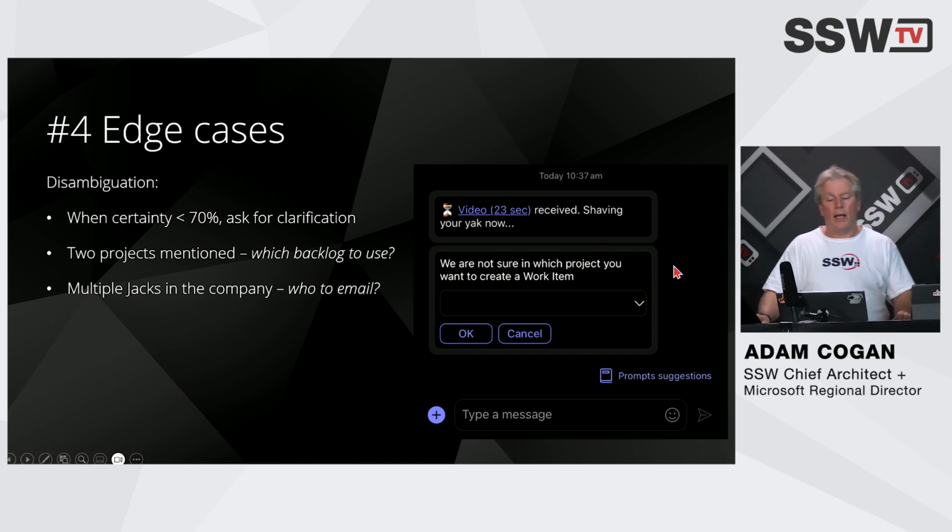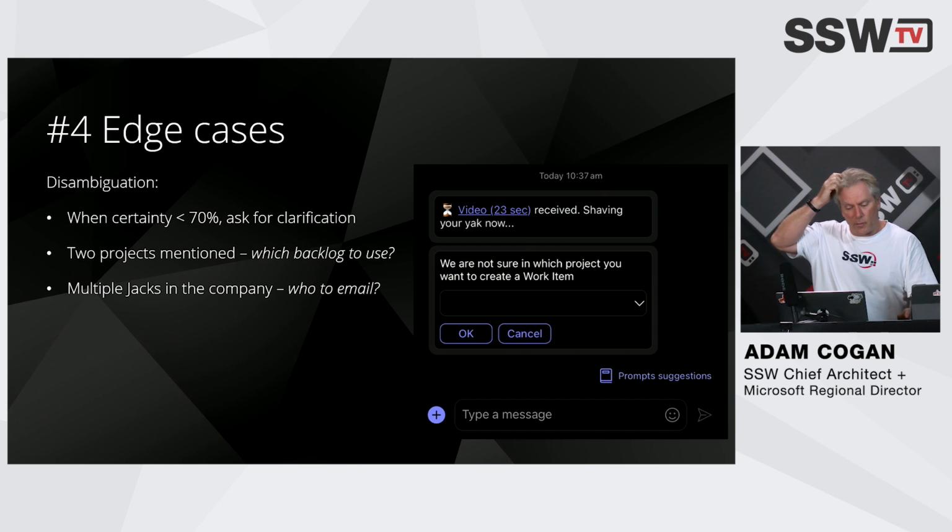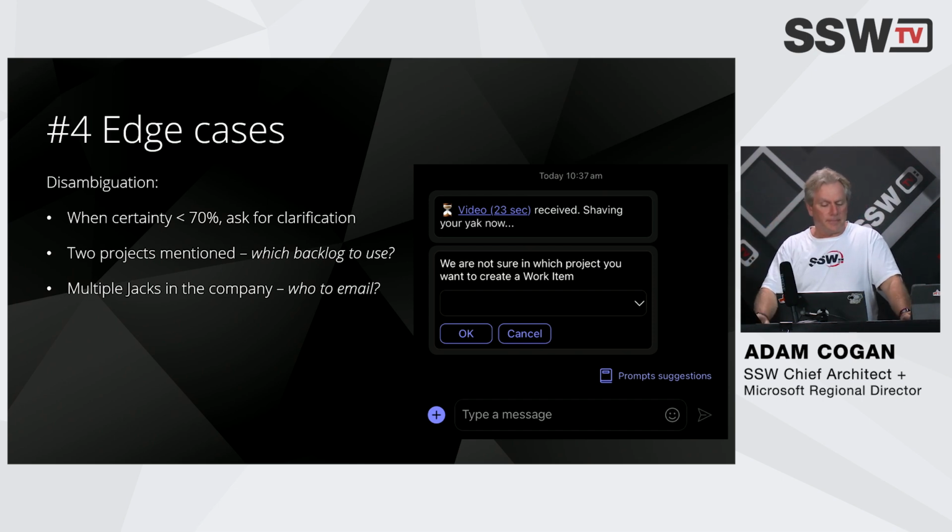Especially if you're talking about Sugar Learning or YakShaver or some other project, we're not sure, so we'll ask. If you mention Jack, and there's 3 Jacks working here, we need to say which Jack. We also do some intelligence to work out whether Jack works in that team or that team. Most of the time we can work this out, but sometimes we can't.